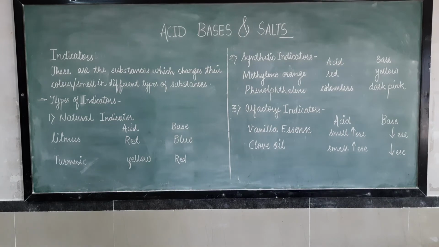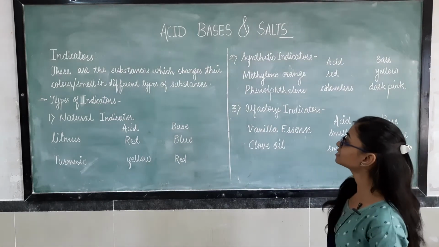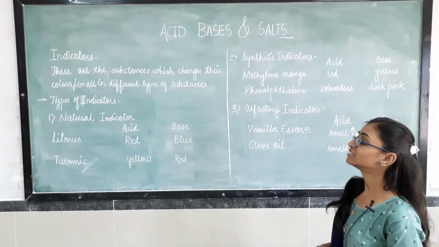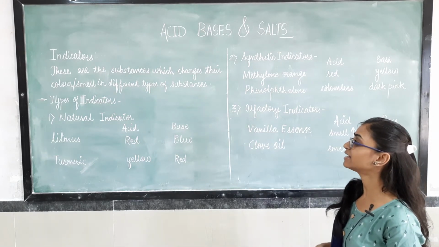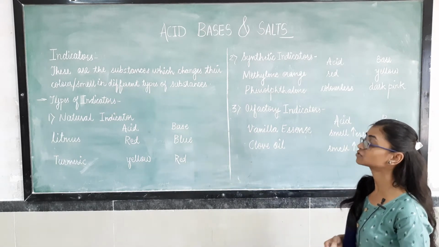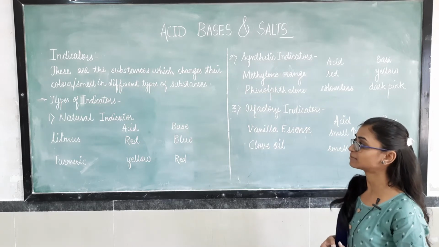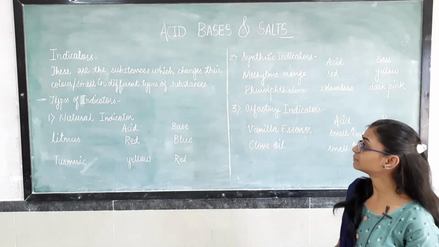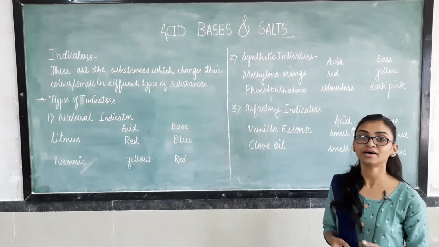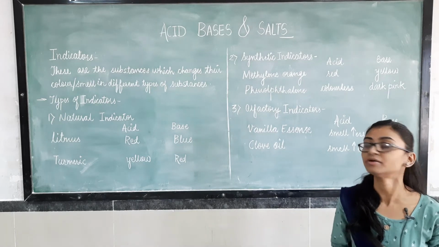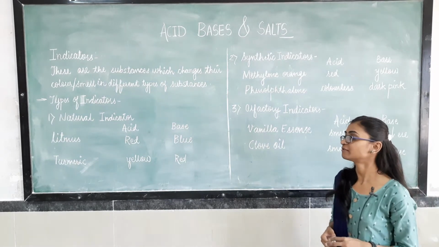What are indicators? Indicators are the substances which change their color or smell, or you may say odor, with different types of substances.